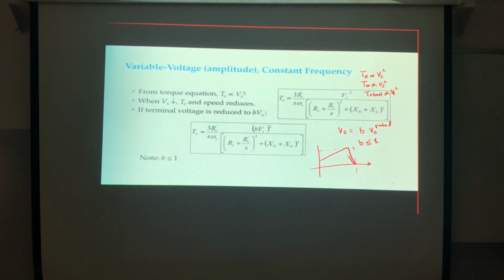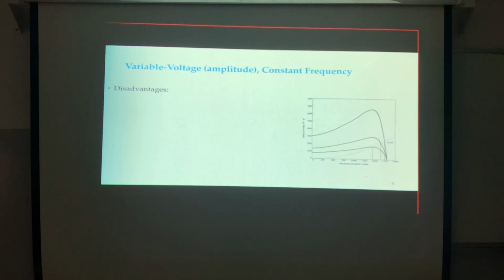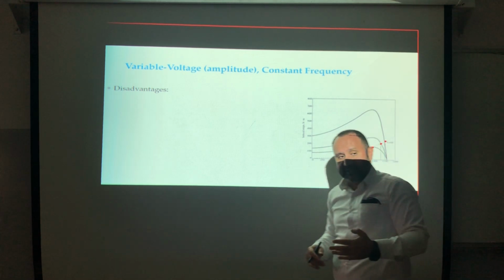So I'm shrinking the curve by reducing Vs. Now, if we assume that this is the load that I'm driving, I'm controlling the speed of the load from here to here, correct? Do you see after this point I cannot go? I'm reaching the maximum, which is the limit of the stable region.